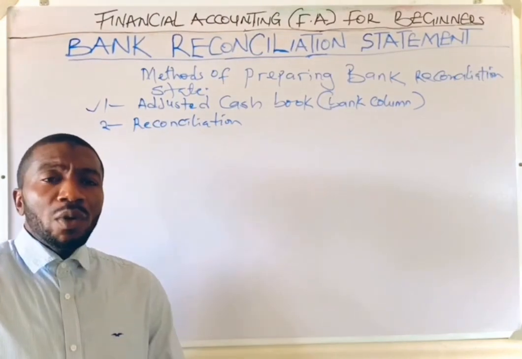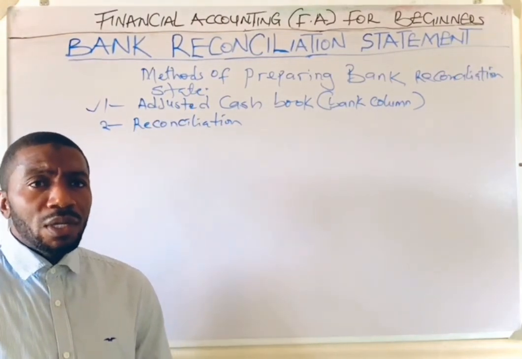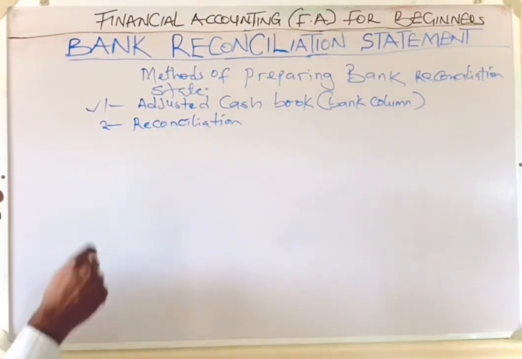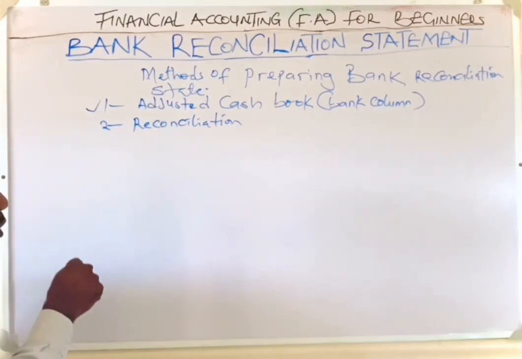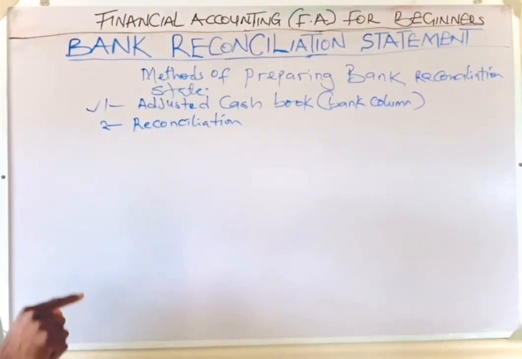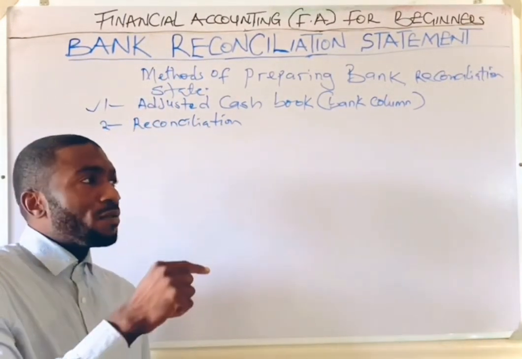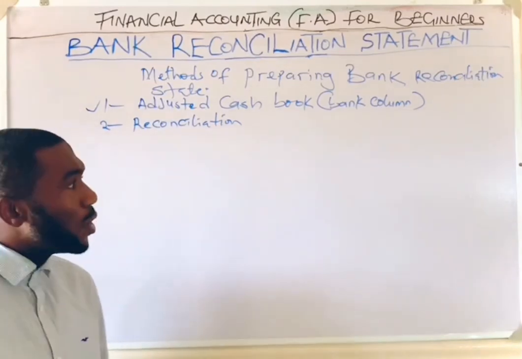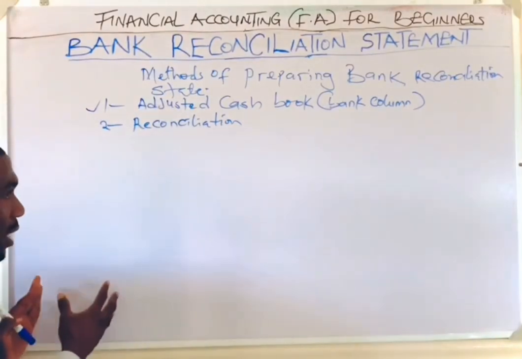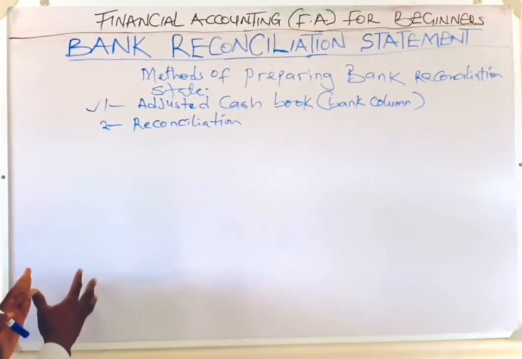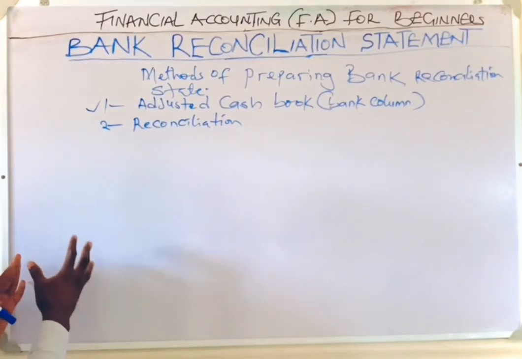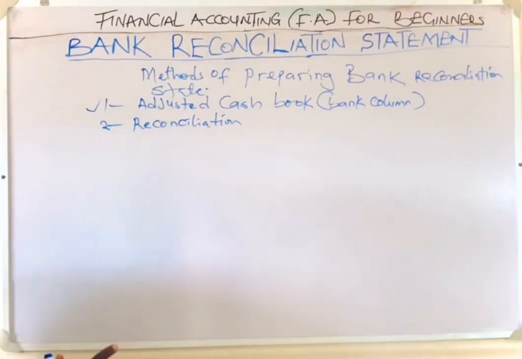So we are going to adjust our cash book in order to allow our balance in the bank column of our cash book to agree with that of our account in the bank. So we must first of all adjust our cash book. Then the balance as per adjusted cash book will be used to prepare our reconciliation statement.